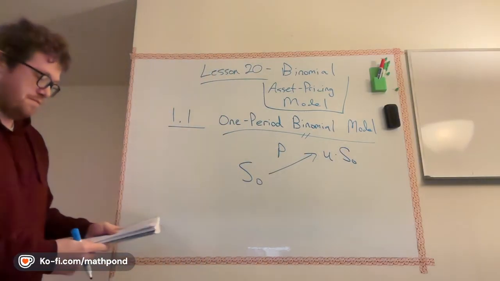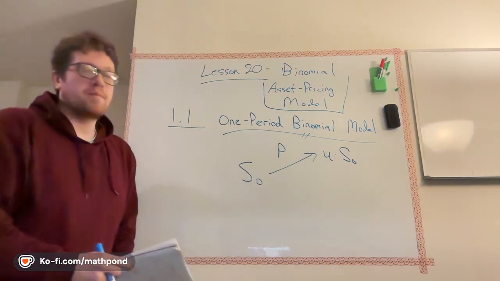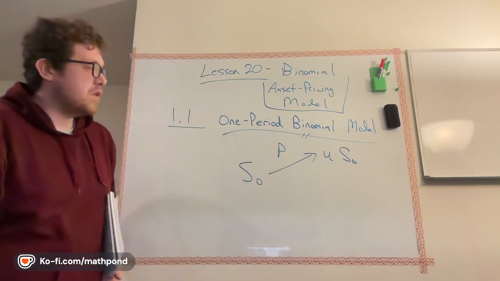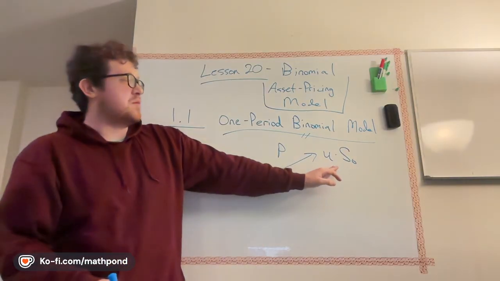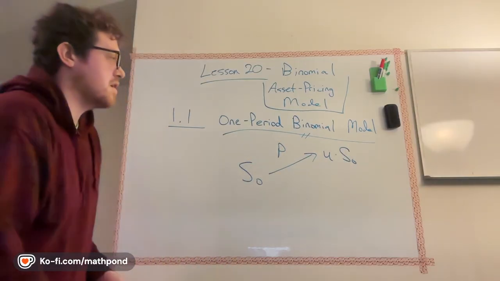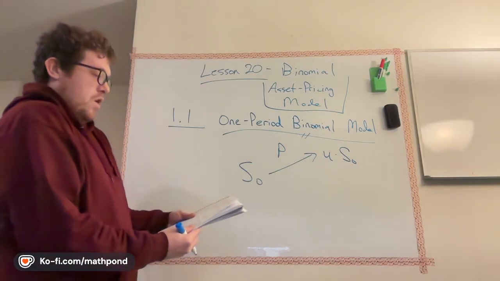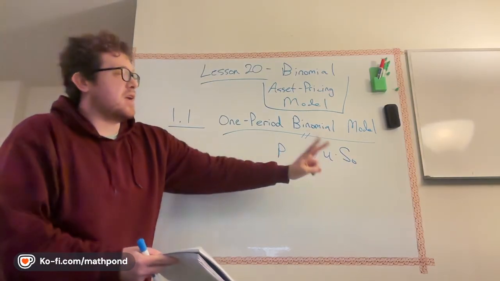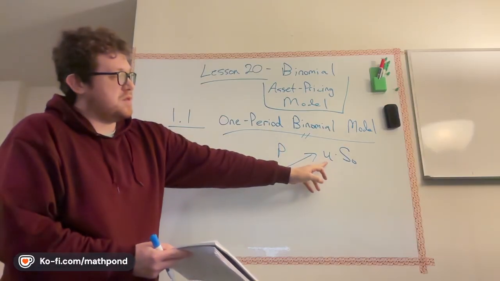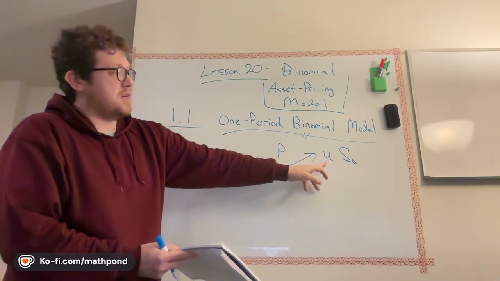U is usually greater than 1. Or in fact, I think, we'll show in a second, it needs to be at least the risk-free rate. So with probability p, the stock increases by u.